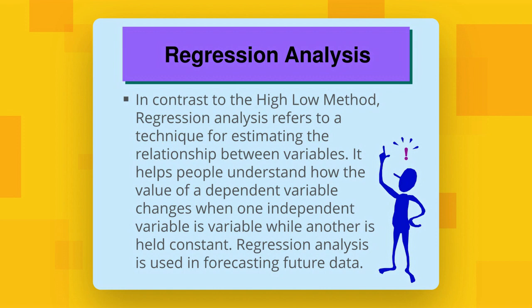It helps people understand how the value of your dependent variable changes with one independent variable while another is held constant. So, class, regression analysis is used in forecasting future data.